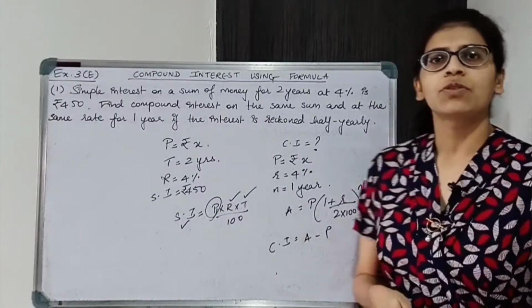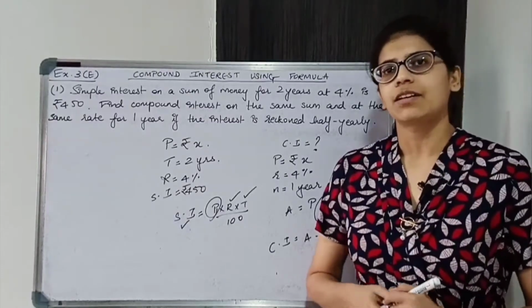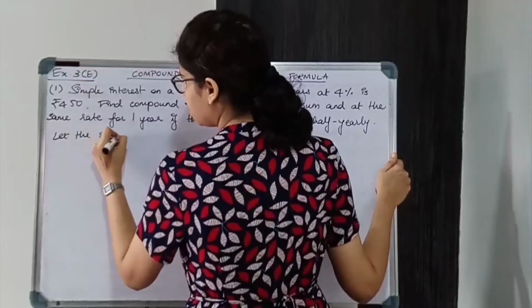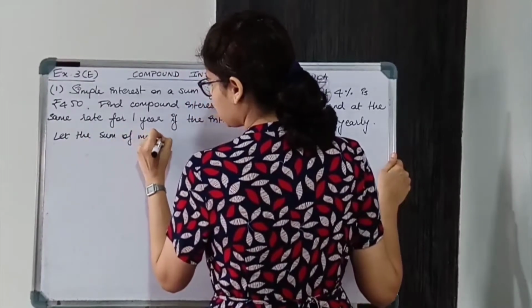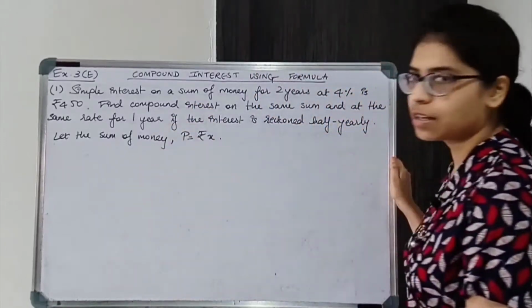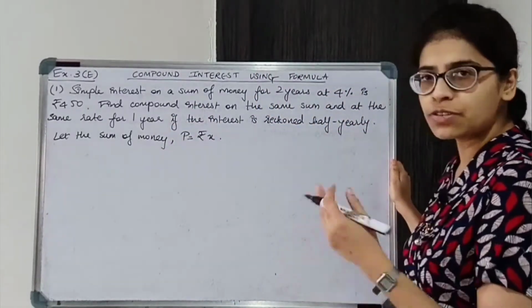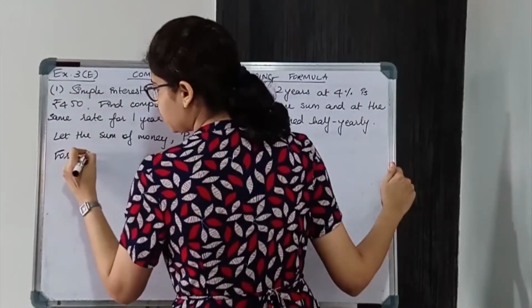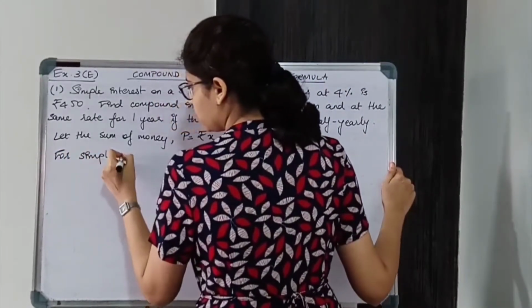Now let us write down the given in a proper manner and start solving. Let the sum of money, that is the principal, be equal to x rupees. Now from simple interest we will find the principal. So for simple interest, write down what all information you have.